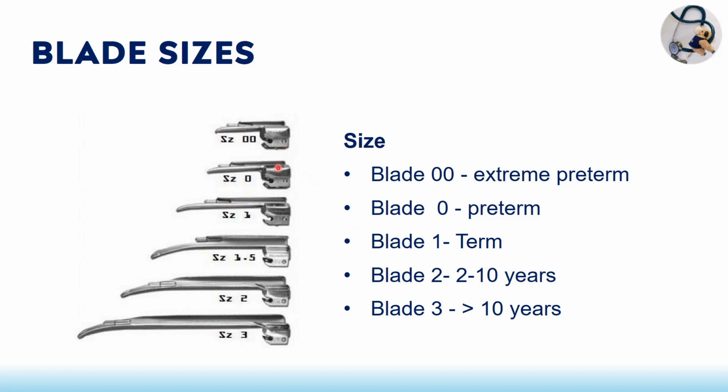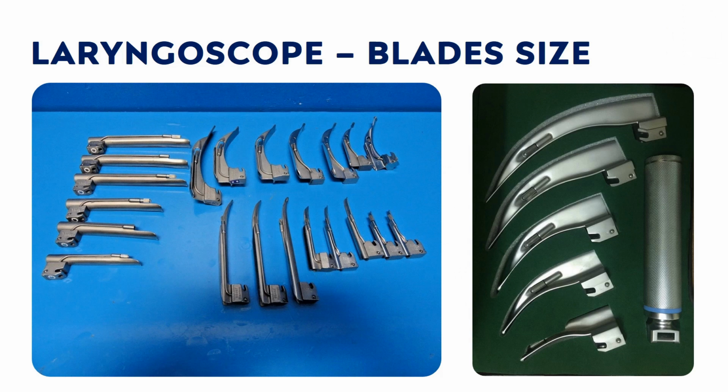So 00, 0, 1, 2 and 3 this way. So these are the different shapes and sizes of the laryngoscope blade, and all of them fit in the same handle this way. Inside the handle, you can open this and then you use batteries.